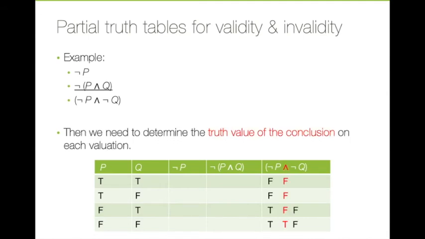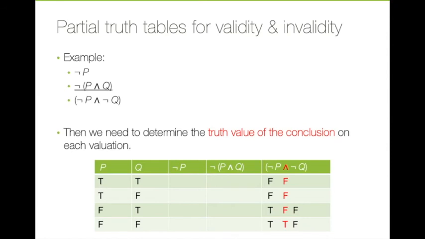Once we have our truth table structure and valuations set up in the normal way, we then go straight to determining the truth value of the conclusion on each valuation, here marked in red. And again, we skip the premises for now.